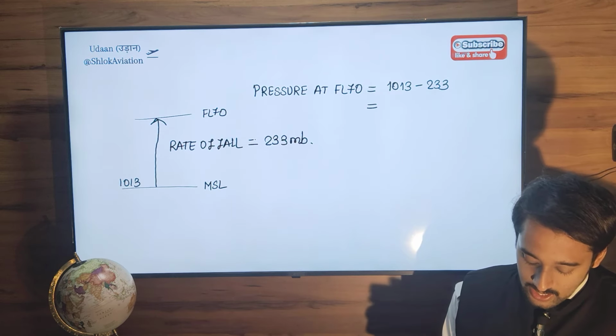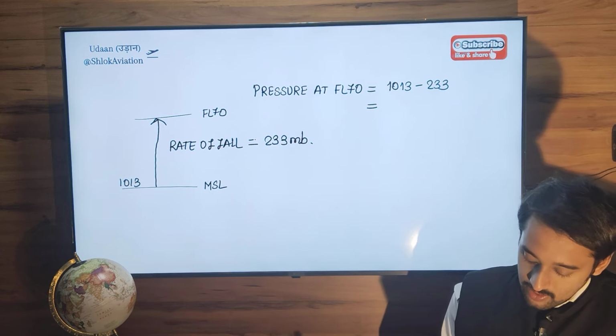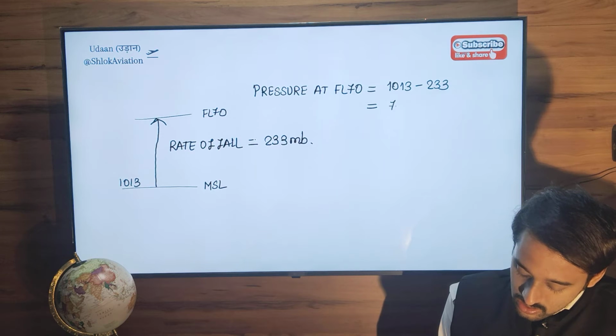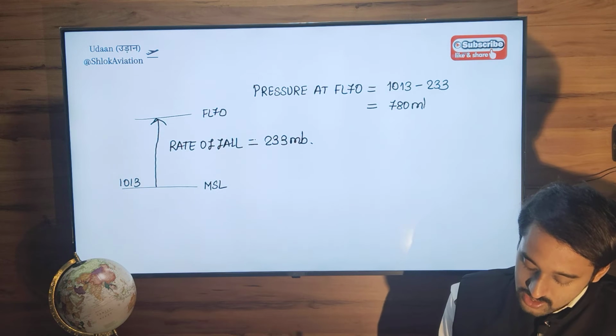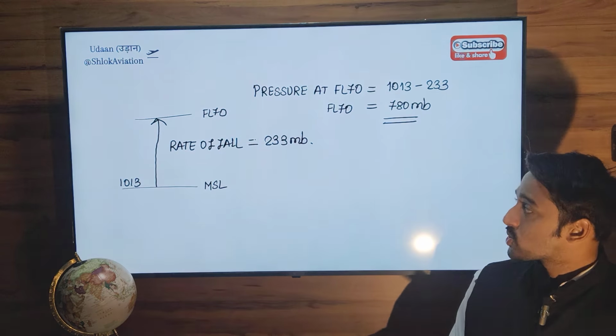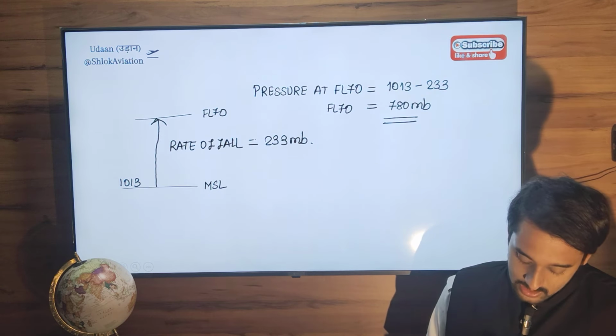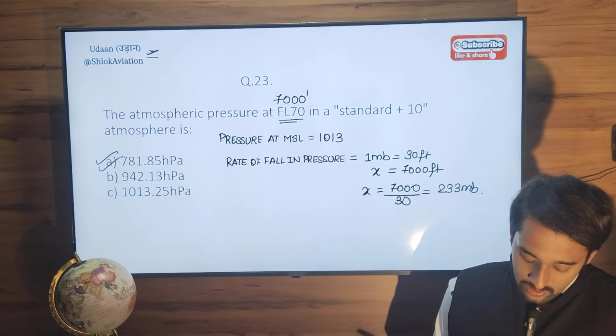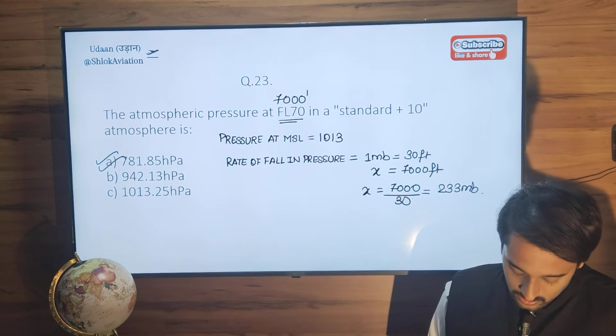So the pressure existing at flight level 70 will be 780 millibars. Okay, so this is how you do it. 780 millibars, option A will be the correct option.